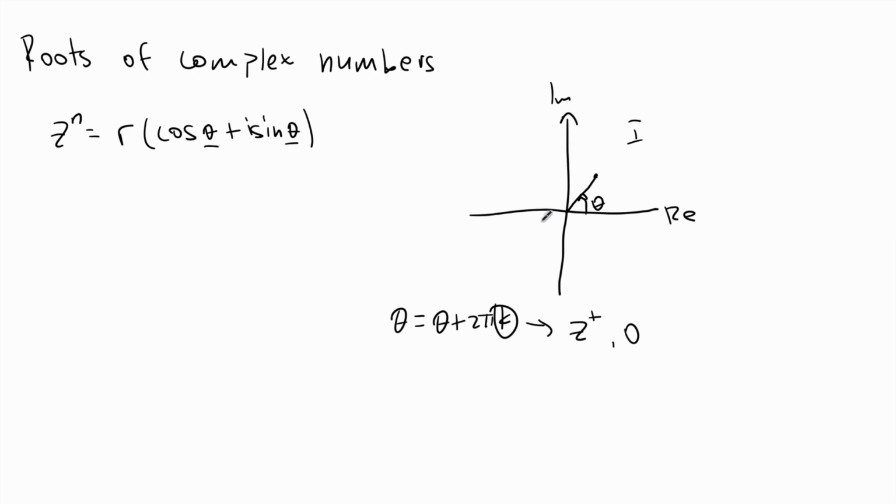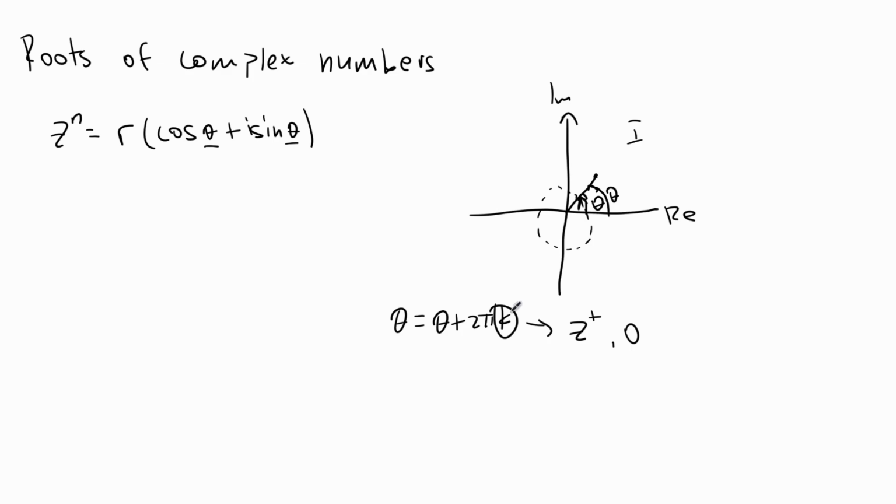So k here is simply, as we said, positive integers, and if we add, let's say, 2 pi, where k is equal to 1, we go a full rotation, because 2 pi in radians is just 360 degrees, where we take a full rotation and make a circle. And if we measure the angle from the real axis again to the modulus, it's still going to lead to the same theta. It's still going to lead to the same argument.